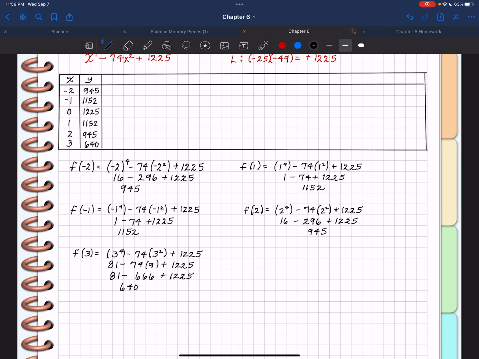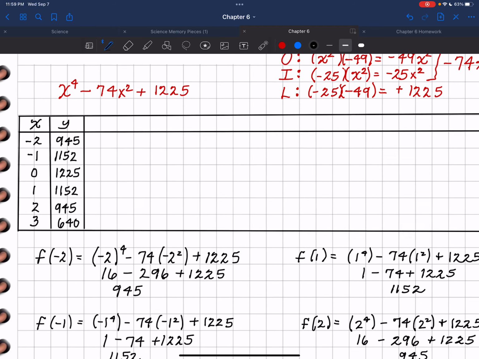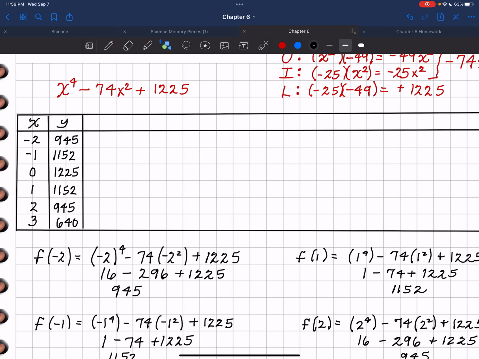Goodness gracious. Now let's start pulling in those consecutive differences. And it's 4th degree, so I would expect to have to go out 4 columns. I'm going to go ahead and draw those in here. So we have consecutive difference 1, consecutive difference 2, consecutive difference 3, and then consecutive difference 4.